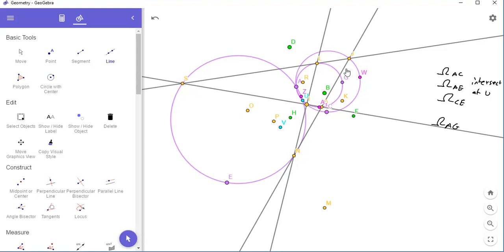And then we also pick IJ and LQ, and consider the points of intersection. I'm not going to prove this, but I'm just going to state it.